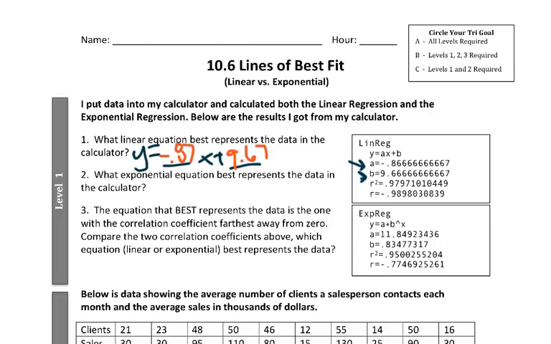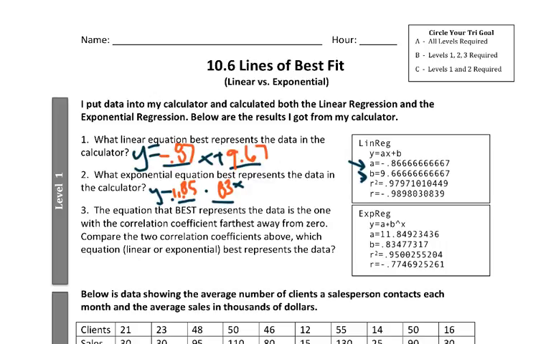Our exponential one is going to be y equals blank times blank to the x power. My A number is going to be 11.85. My B number is going to be 0.83.